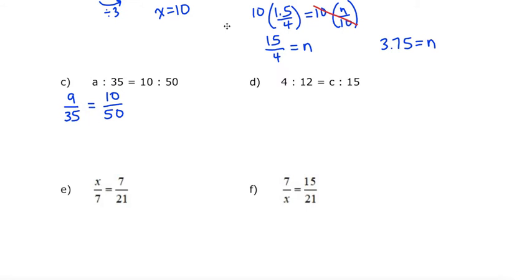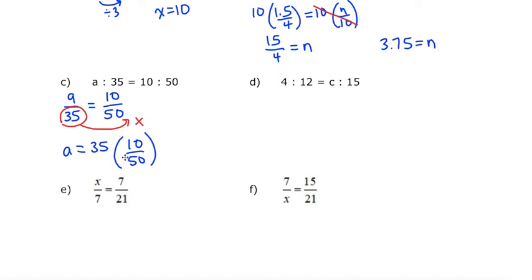Once you do this algebra step a lot of times, you'll realize that essentially what you're doing is moving over this denominator, and right now that's division. So when I bring it over, I have to multiply. So I'm going to have a on the one side, and it's going to equal 35 times 10 over 50.